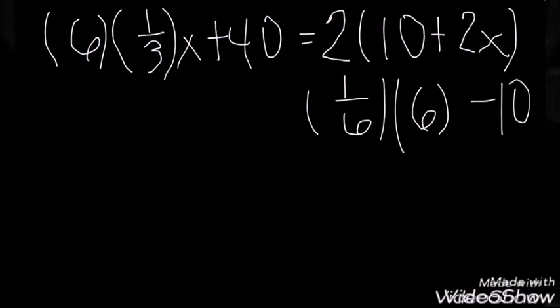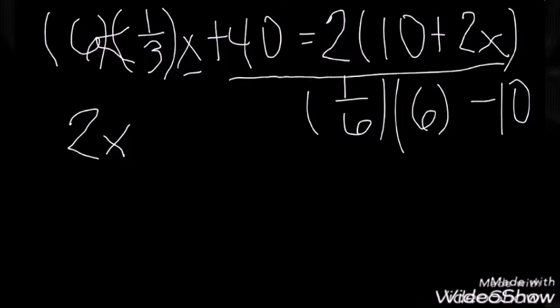By multiplying the 6 first to the numerator and then dividing by the denominator. So 6 times 1, then divided by 3, is 2, and then we copy the variable. For this one we do the same thing that we did here.